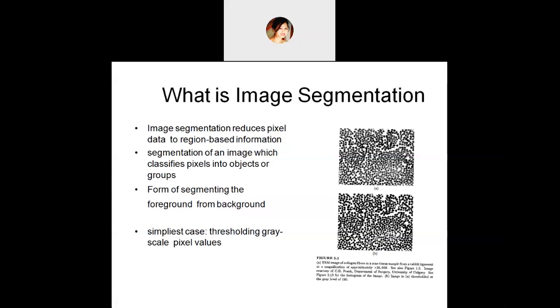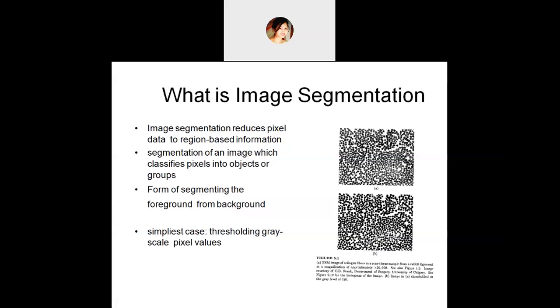If we keep on talking about each and every pixel, there are thousands and thousands of them. So image segmentation helps in reducing the pixel data to region based information, in the sense that you take a group of pixels according to similar properties or characteristics and group them in a region.